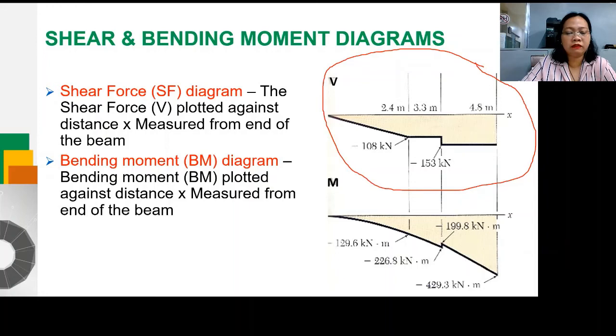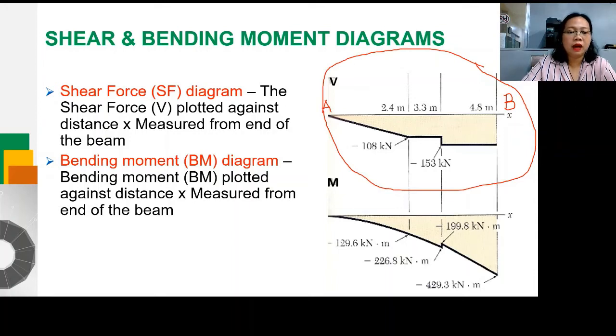This is the value of the shear force at a particular distance from this point. Let's say this is point A, and this is point B. So, it is just a plot of shear force at any particular distance from one end of the beam.